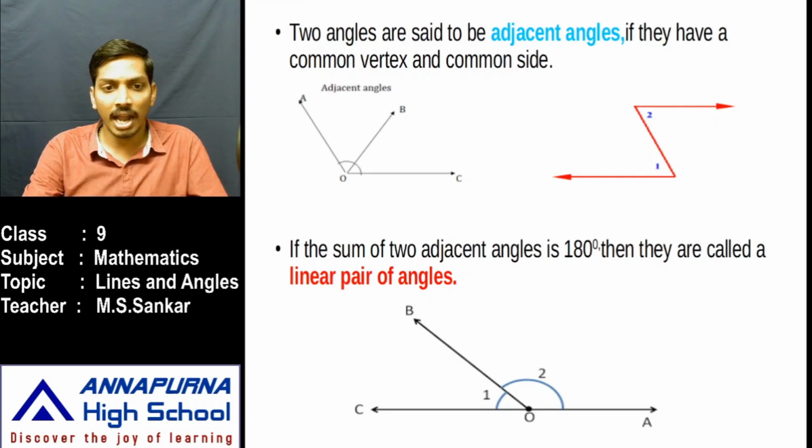Angle 1 and angle 2 are adjacent angles, as well as a linear pair of angles, because angle 1 plus angle 2 is equal to 180 degrees. So angle 1 and angle 2 are a linear pair of angles.